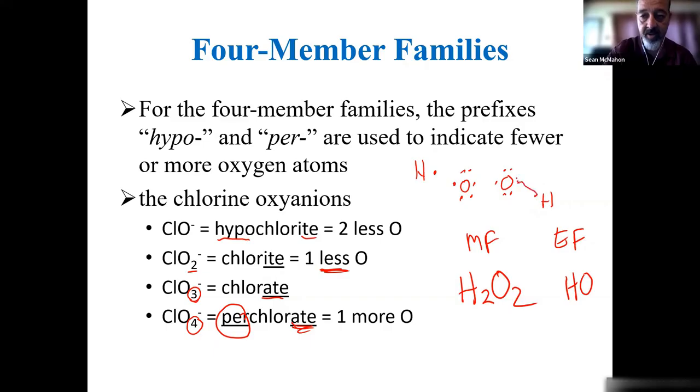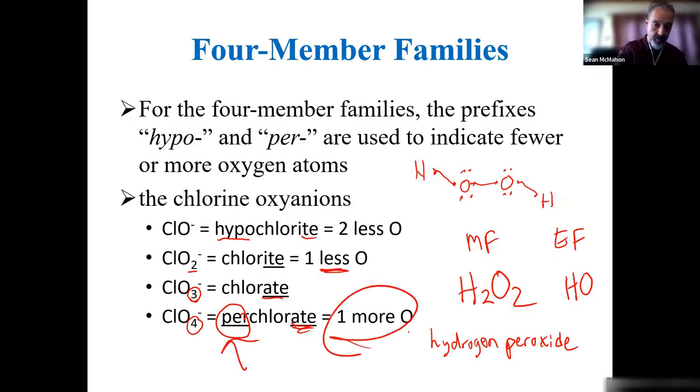And then there's a bond there, a bond there, and a bond there. It's a molecular compound, all nonmetals. What is that called? Hydrogen peroxide. Why? Because it has 1 more oxygen than H2O. So that's hydrogen peroxide. The per means 1 more. That per prefix.